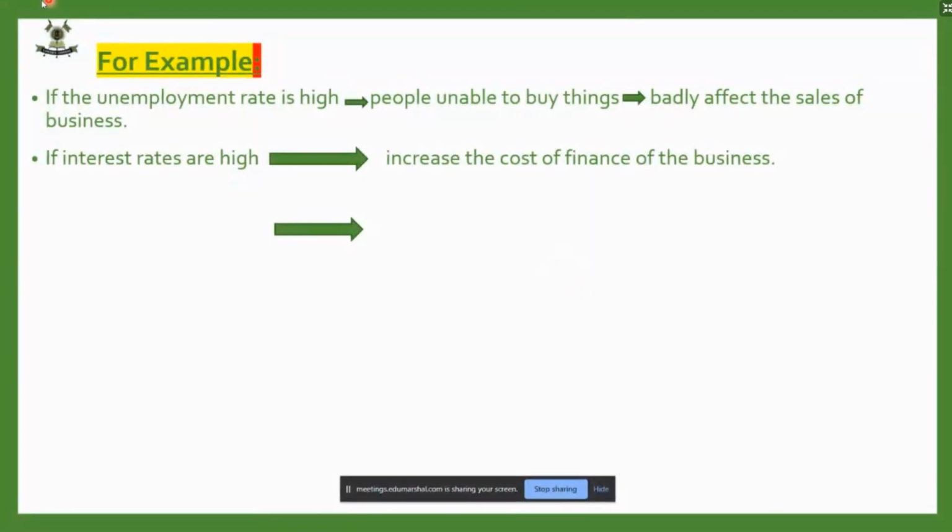What is going to happen? The people are not going to buy, because things are going to become dearer, costly. If you go to take a loan because you want to buy a car, the bank says the interest rates have gone up. So buying a car or a home is going to become costly.